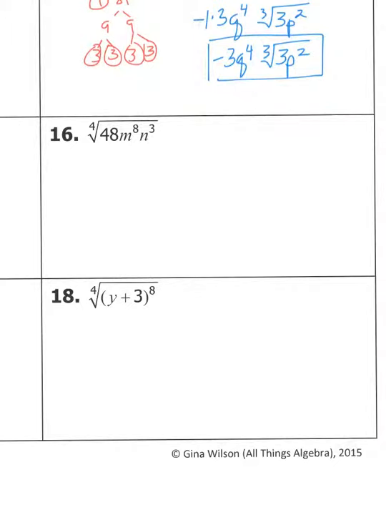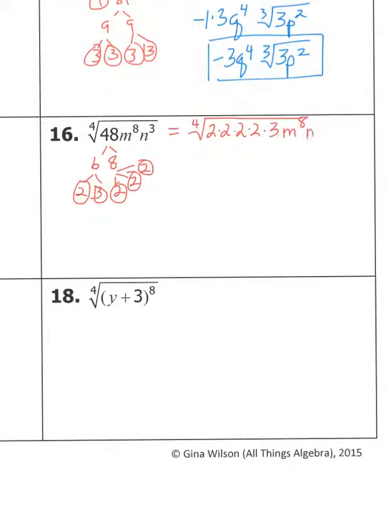Then prime factor the 48. 6 times 8, 2 and 3, and then 3 2's. So I've got 4 2's and a 3, m to the 8th, n to the 3rd.